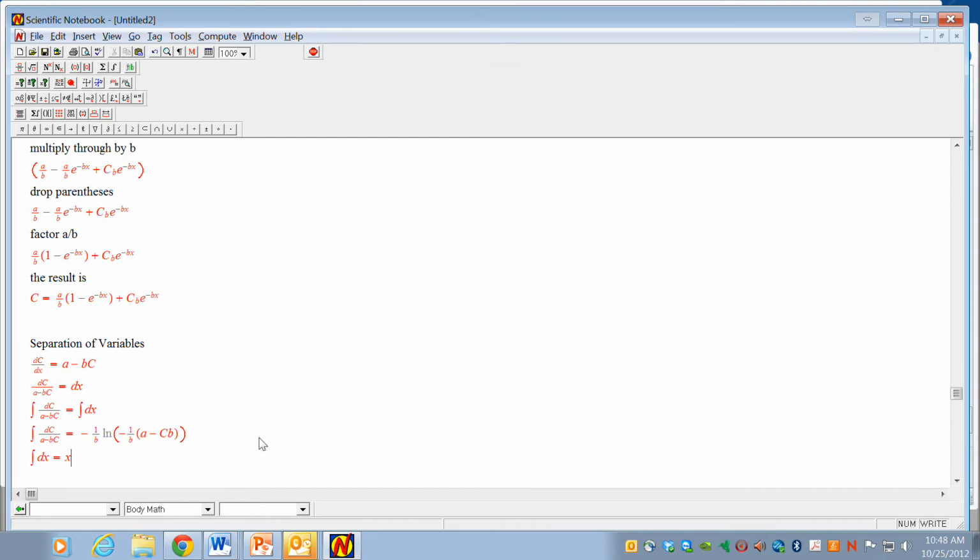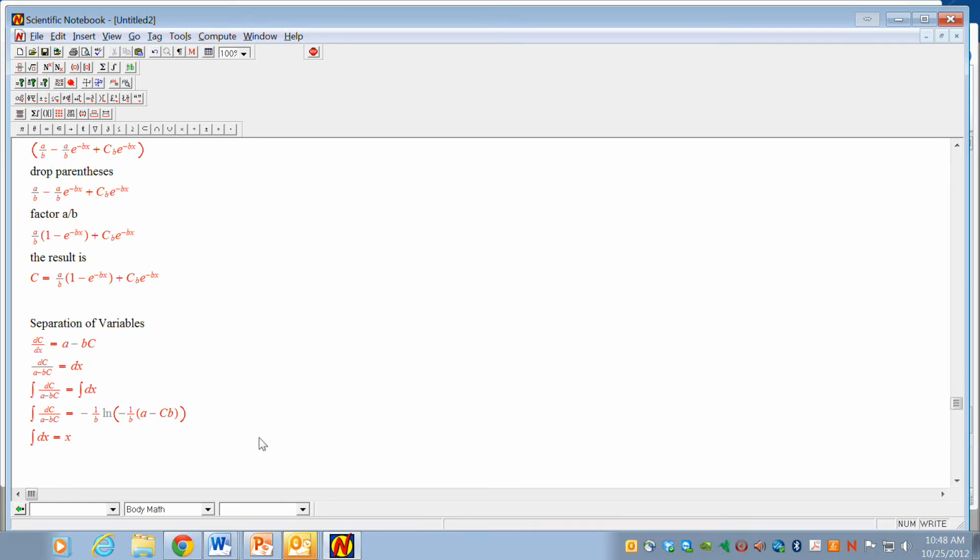So the integral of dx is just equal to x. So now we're going to take this result here and substitute it. Basically, we're just equating these two results. Okay, so this equation here, once we integrate it, we get this.